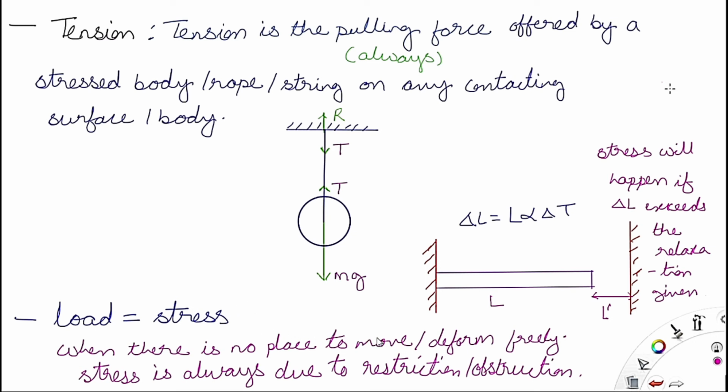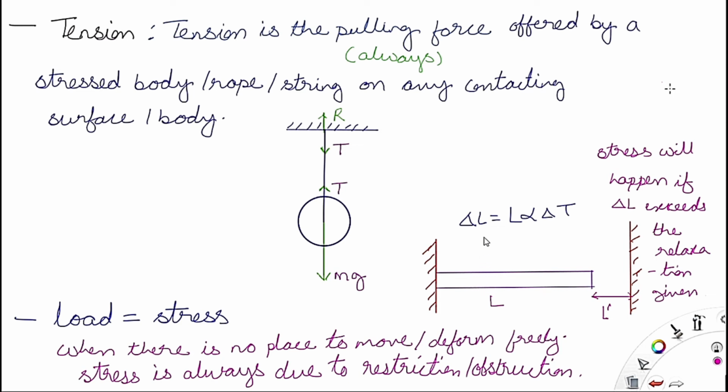As we can see in the case of thermal expansion, due to thermal expansion, delta L has increased. So delta L equals L alpha delta T, where L is the initial length, alpha is the coefficient of thermal expansion, and delta T is the change in temperature. This bar will deform by the distance delta L due to the temperature.